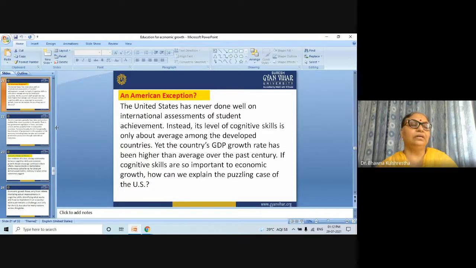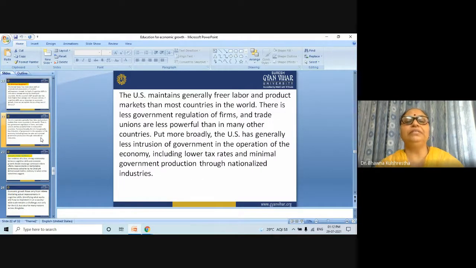The US maintains generally freer labor and product markets than most countries in the world. There is less government regulation of firms, and trade unions are less powerful than in many other countries.